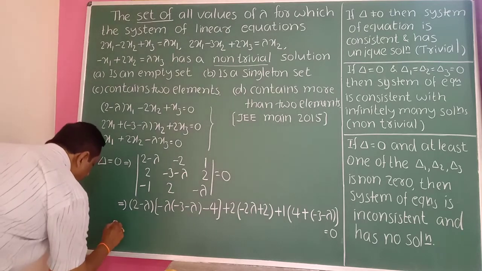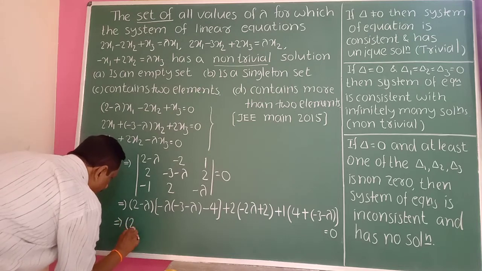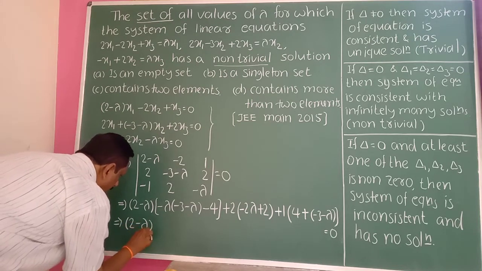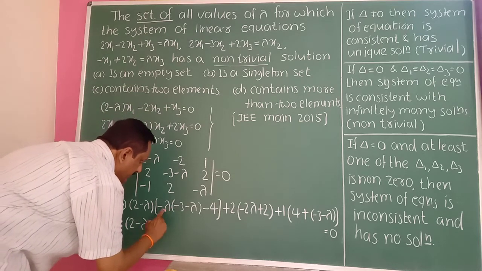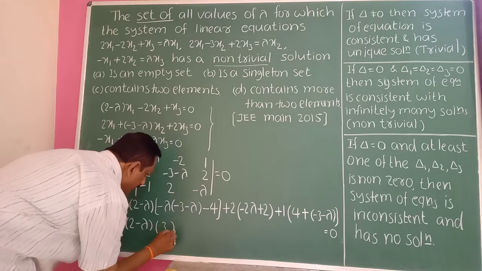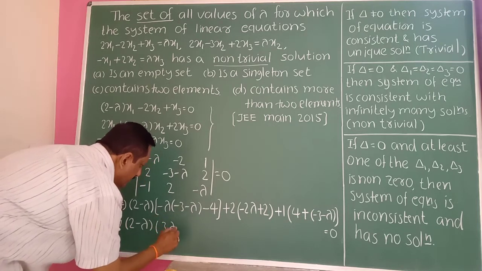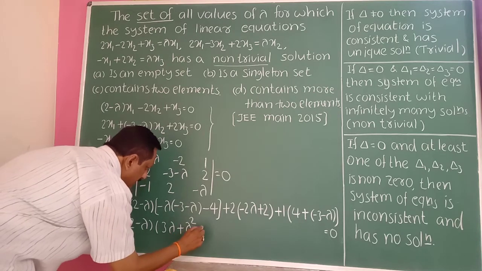Therefore this implies 2 minus lambda into, minus into minus becomes a plus, so 3 lambda, minus into minus becomes plus lambda square, minus of 4.